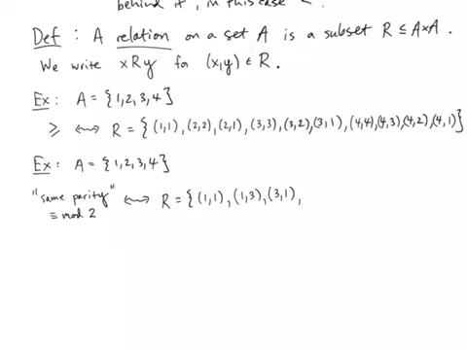Okay, and then 3 also has the same parity as 3. So those are the odds, and then we have the similar thing for 2 and 4. Okay, so that 8-element subset there corresponds to equivalence mod 2 or same parity, that relation.